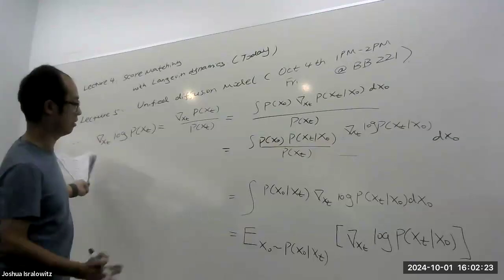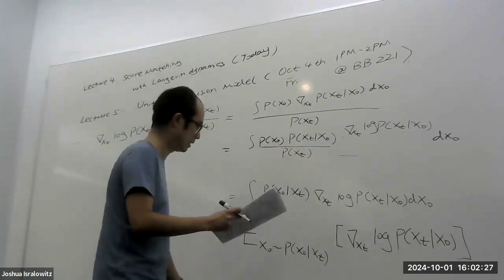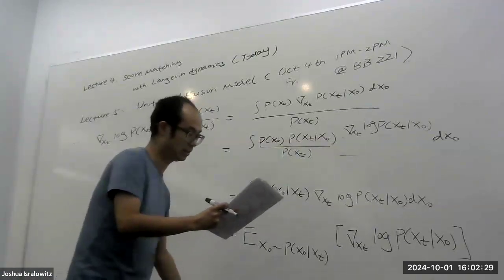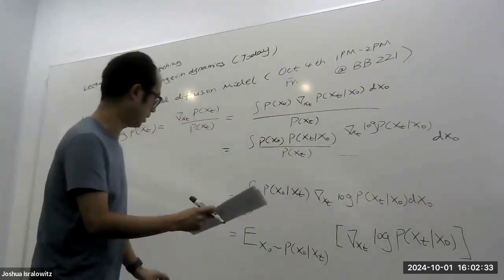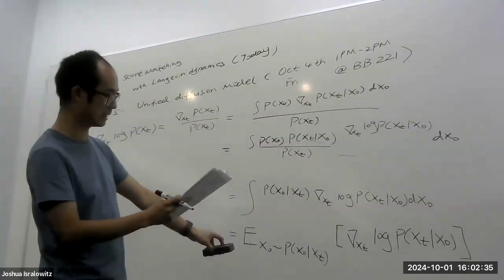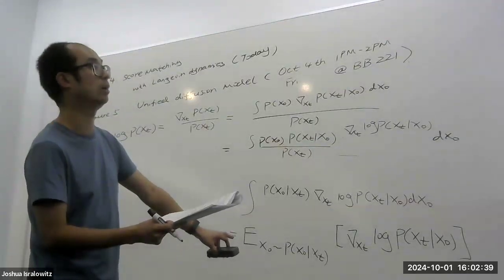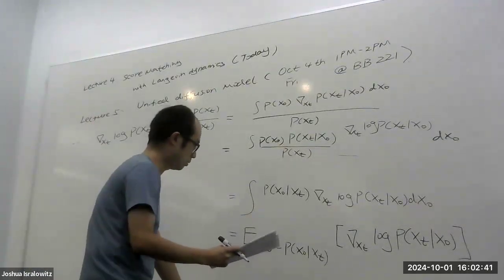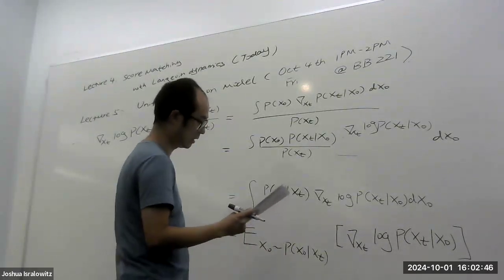Okay, so going through all this derivation, then what do you do? You also need to sample for xt as well. So basically you sample x0 following this way.